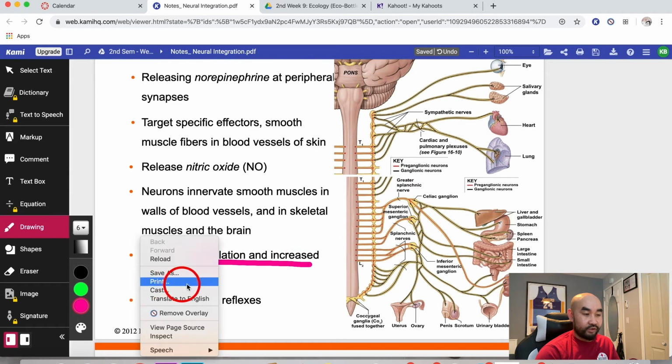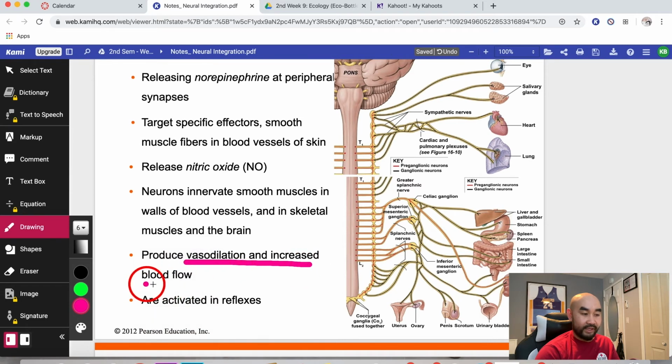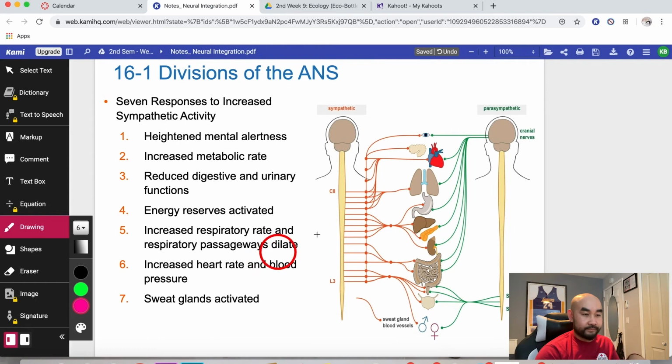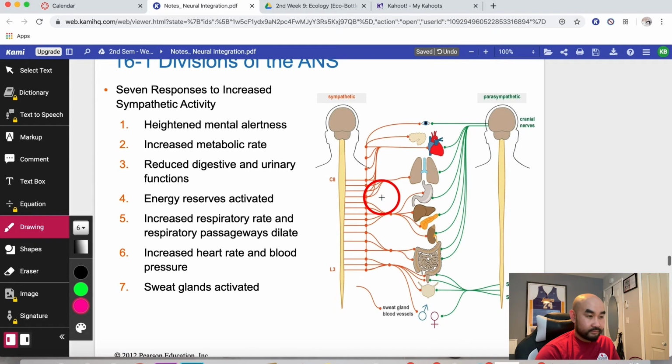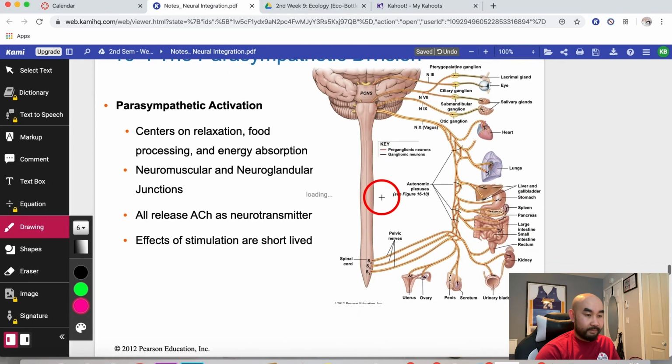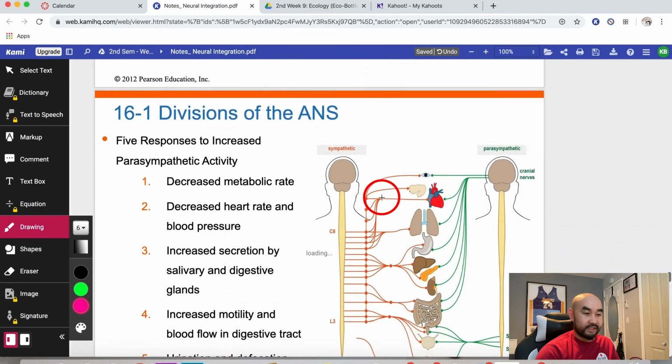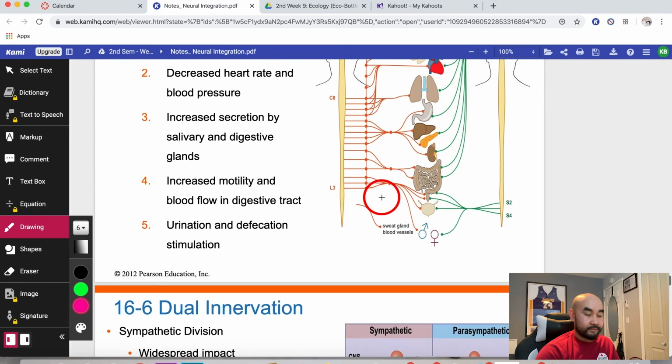Vasodilation, increased blood flow. You want blood flow, so more oxygen, more energy. Activated reflexes, right? You are more aware and ready. On the other hand, parasympathetic would be the opposite, okay? So check out those notes, but I'm gonna skip them because it's a little too long.